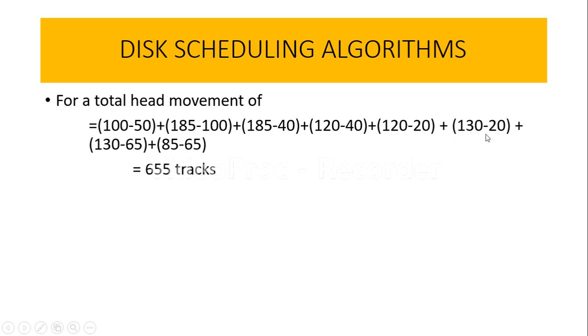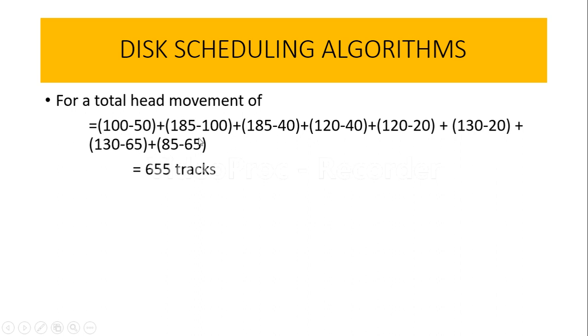As I have already told you, we cannot have negative values here, which is why I am writing the highest value first minus the smallest value. Followed by that, from track number 130 it is moving to track number 65, so I am writing 130 minus 65, and lastly from 65 the read write head is moving to 85, so I am writing 85 minus 65.